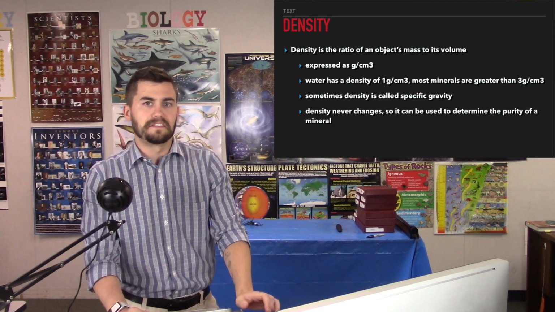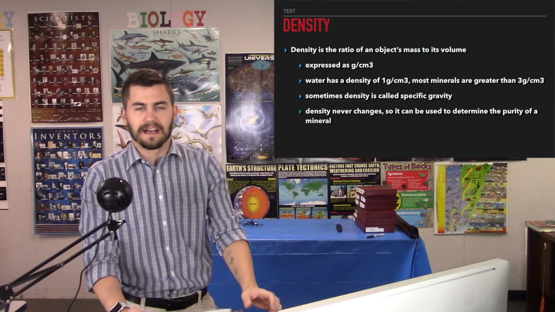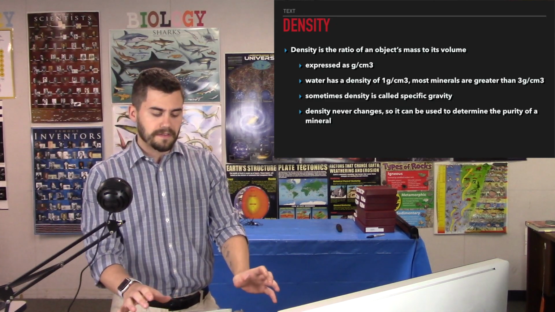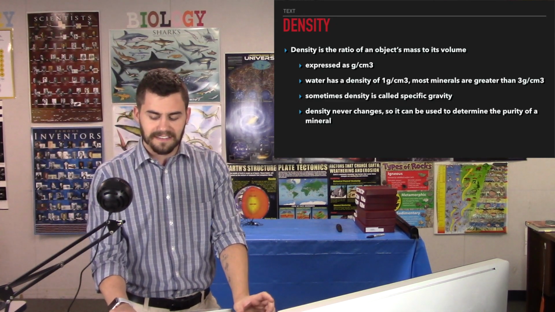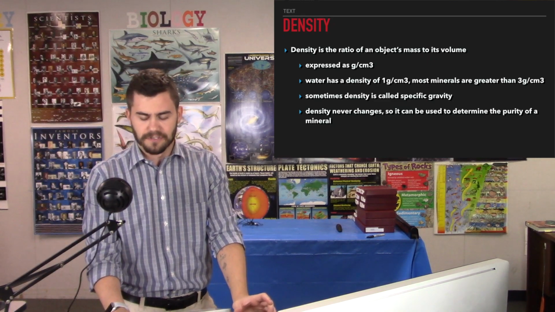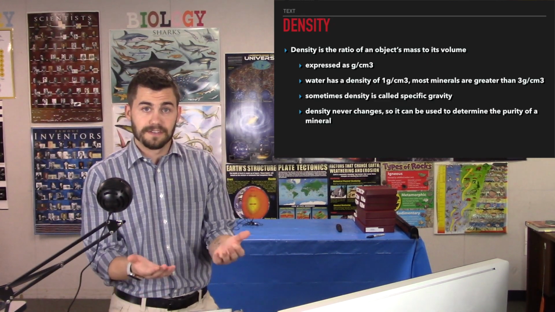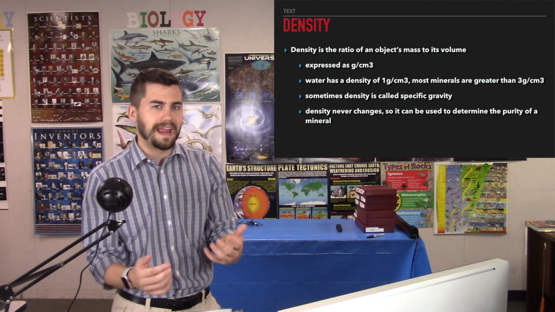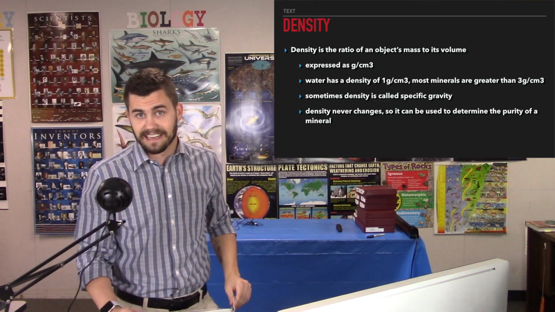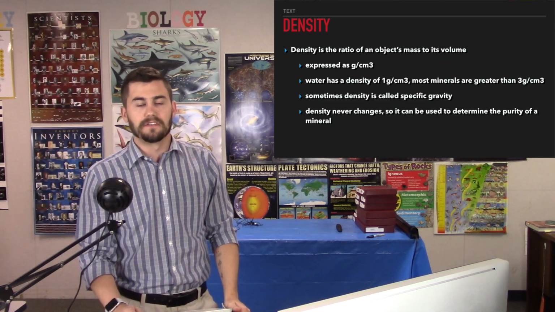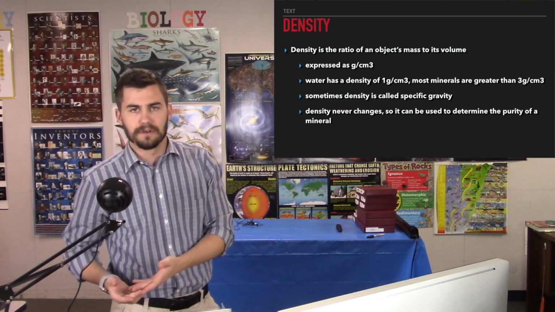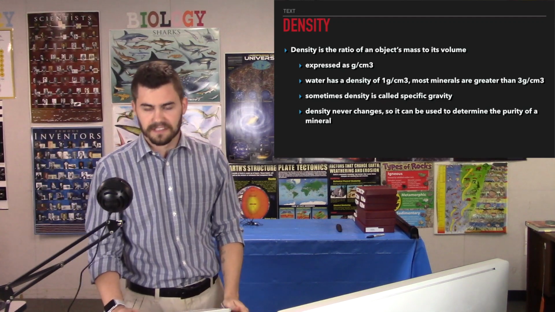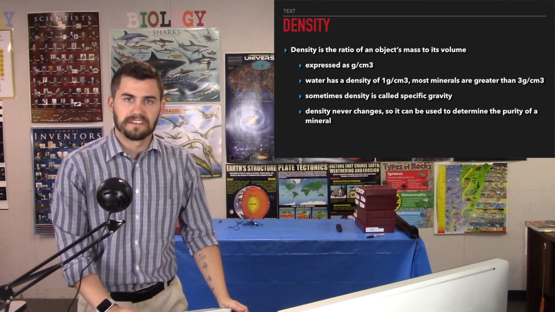But galena is lead with sulfur, and hematite is iron and oxygen and maybe one or two other things. So if you held both of them, one is going to feel way heavier than the other because it has lead in it. It's way more dense. So this can be used to find the purity of a material, or it can just be used to compare two materials side by side.